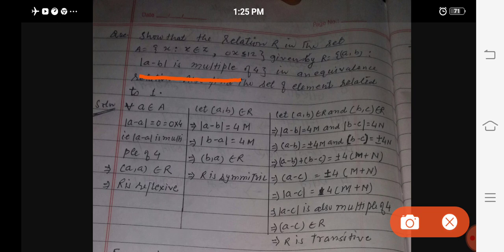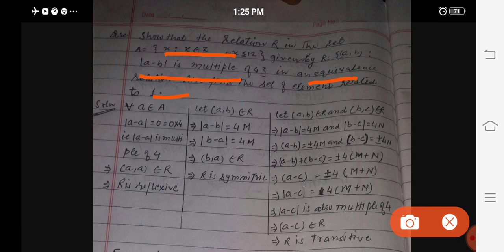You are asked to prove that this relation is an equivalence relation. In the second half of the question you are asked to find the set of the elements related to 1. 1 is an element of the given set A. Okay, so let us start.